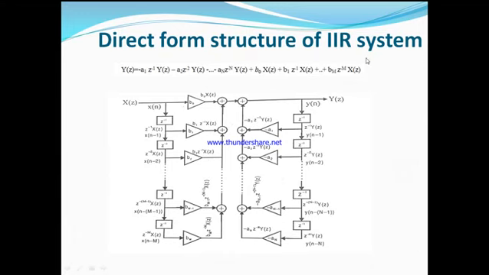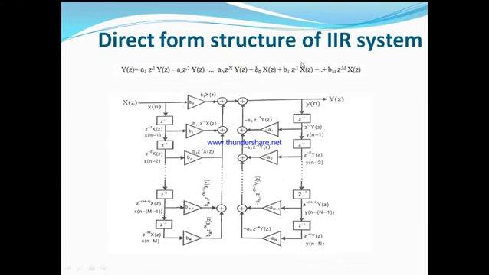Again you have to represent the remaining terms. Here we have X of z, which is given to the delay, so you will get z power minus 1 into X of z. This term is multiplied with b1, so you will get b1 z power minus 1 into X of z.